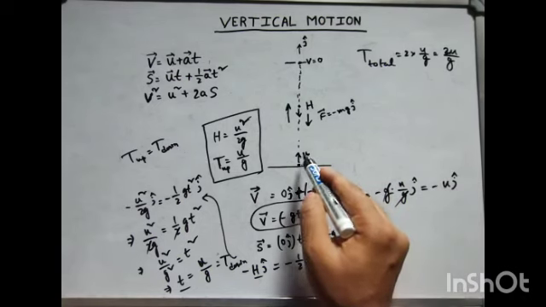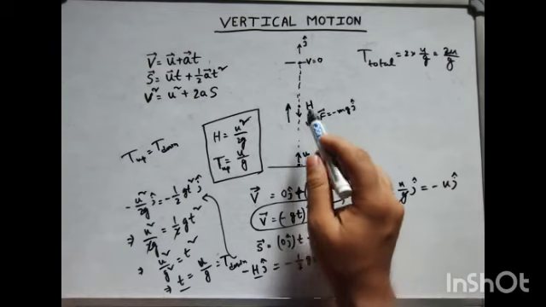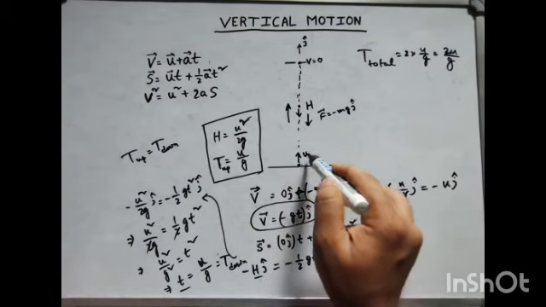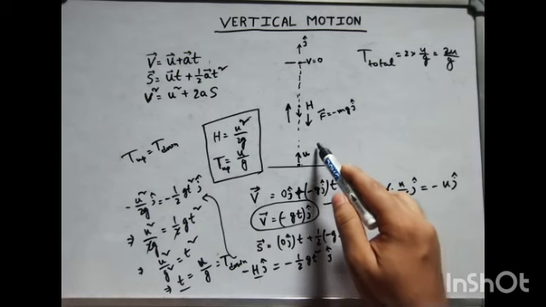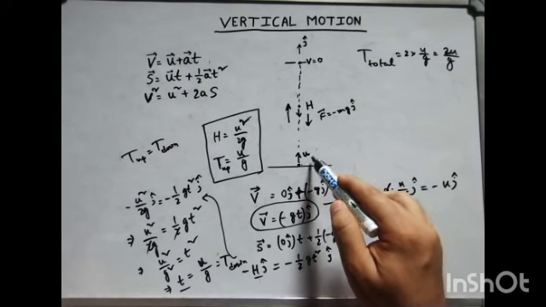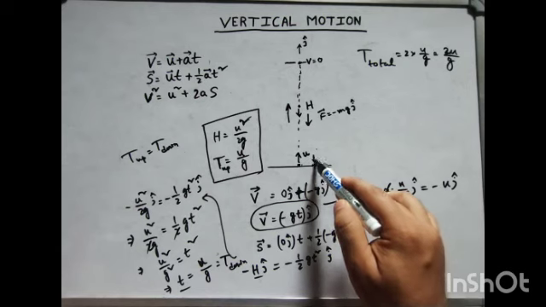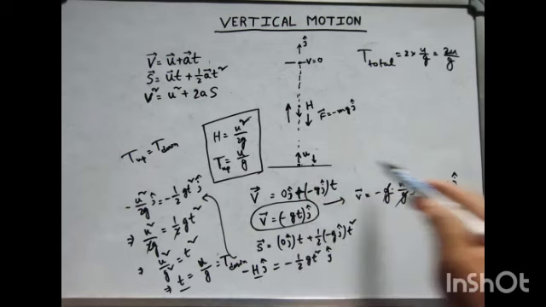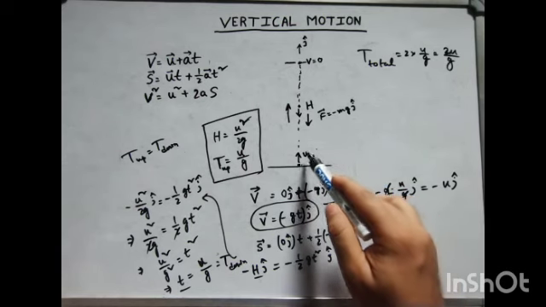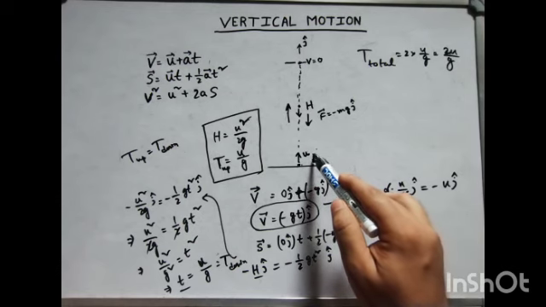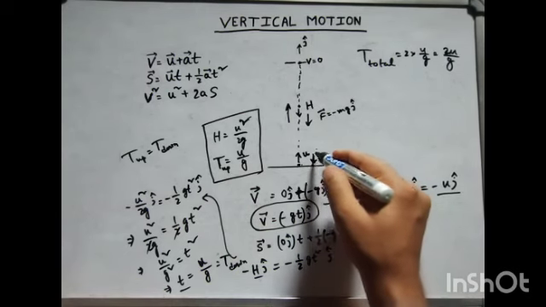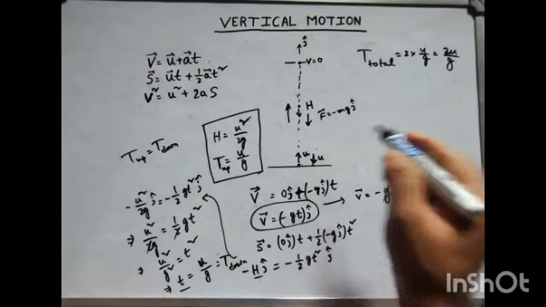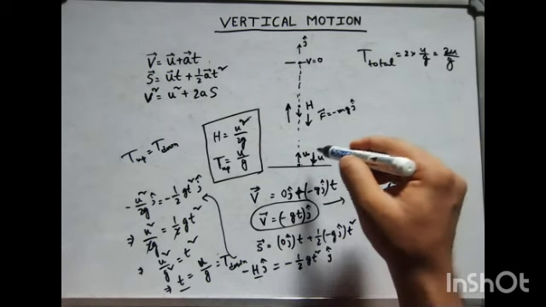So our initial velocity when we threw the ball upwards was u j cap, and when it is coming back to the ground again, when it hits the ground, the velocity will be minus u. That means magnitude will be same, but the direction has changed. So it will again hit with u speed, but now the direction is opposite.